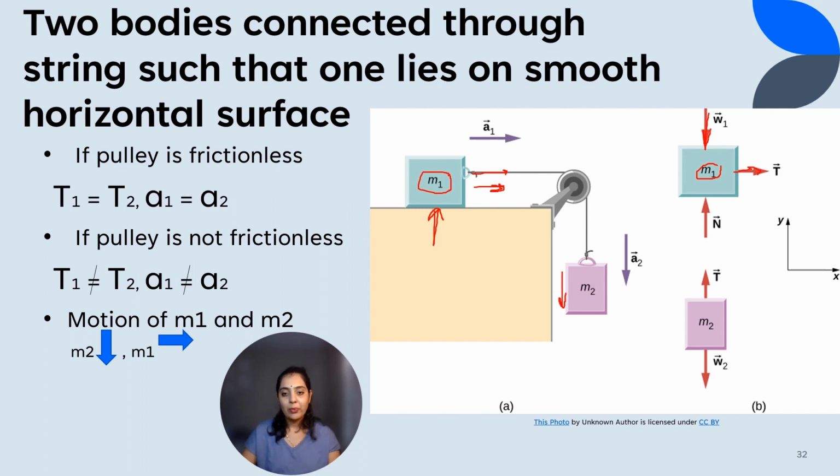And for M2, the free body diagram is its weight W, and here it is attached to the string, so tension T. So remember this for solving problems.